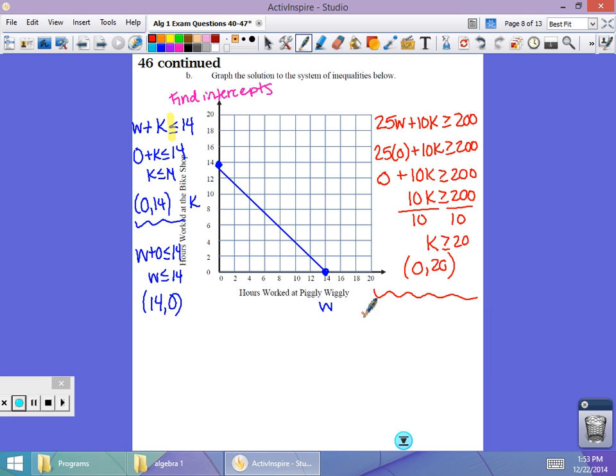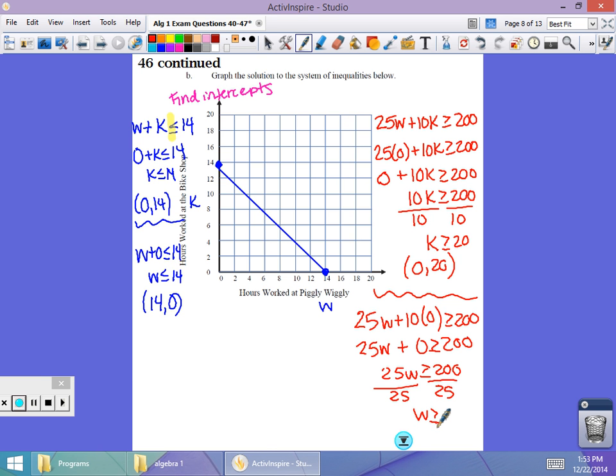Find the second point. We're going to solve for W this time. Plug 0 in for K. Bring down your 25W. Anything times 0 is 0. 25W is greater than or equal to 200. Divide by 25.